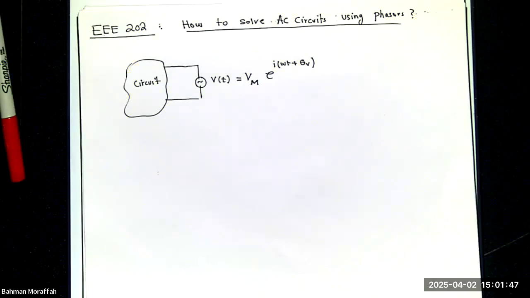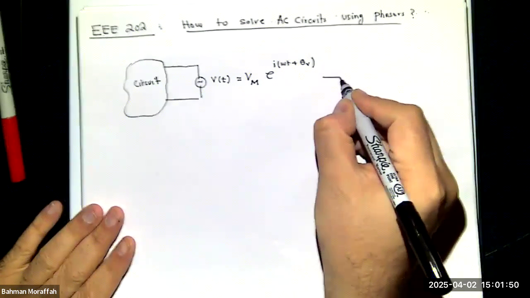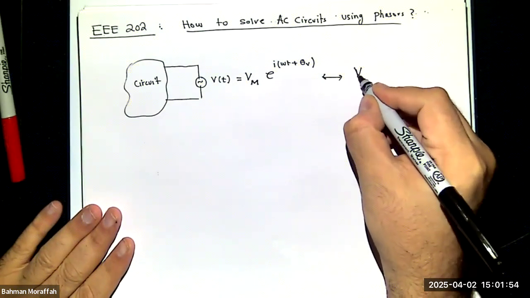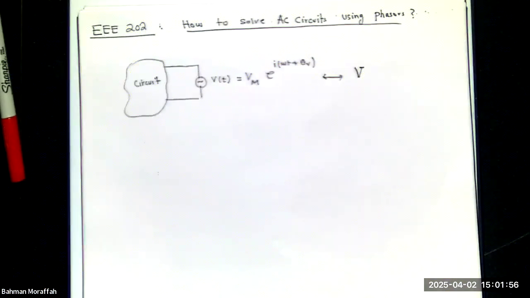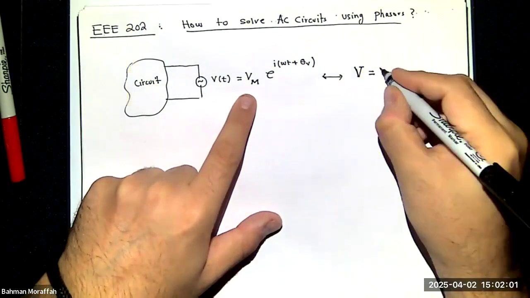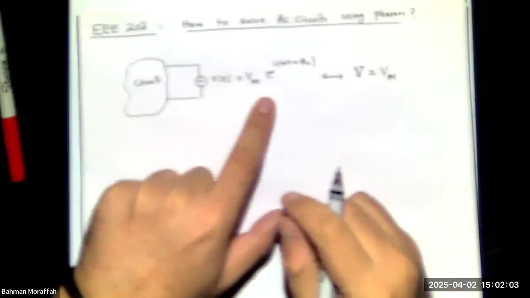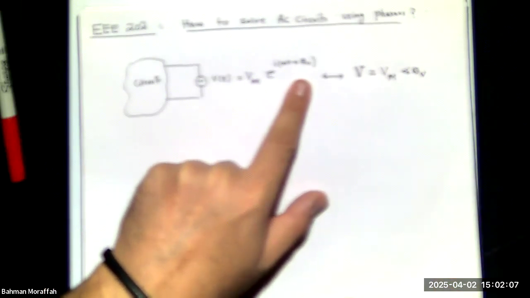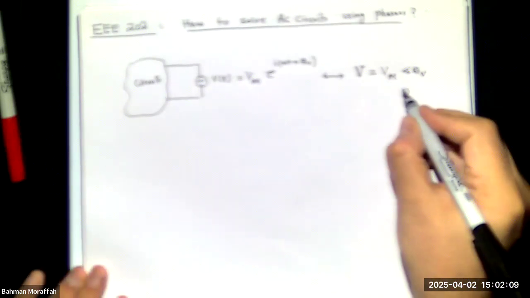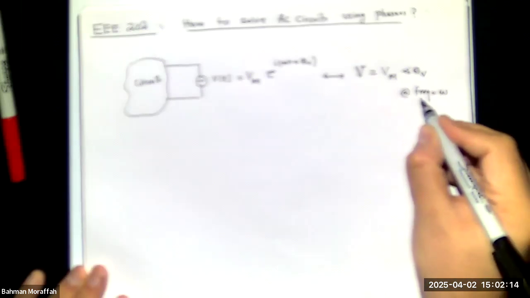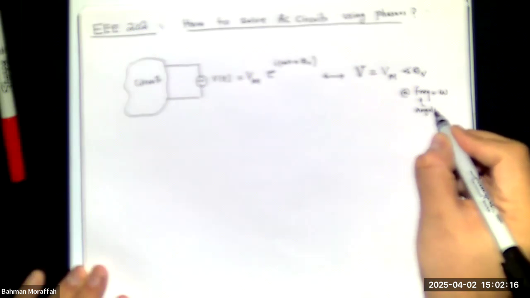So we can always represent this in terms of a phasor. Let's just show that phasor by capital V. And all we need is this magnitude Vm and the phase theta v. And we know this is happening at frequency omega. And this is the angular frequency, not the regular frequency that we're familiar with.